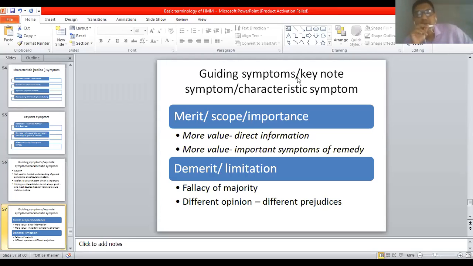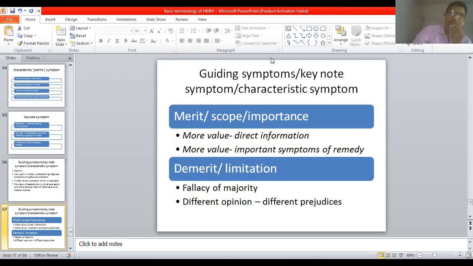And the demerit of this terminology is that one should not trap ourselves in the fallacy of majority. Now, what is this fallacy of majority? We have understood that guiding symptoms and characteristic symptoms are based upon the statistical analysis of the majority. How many provers have felt this symptom?